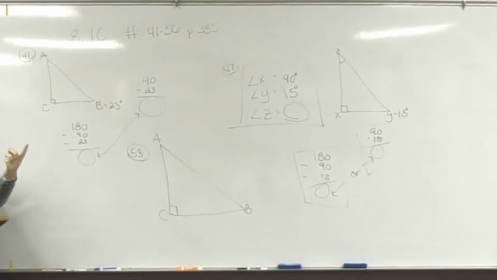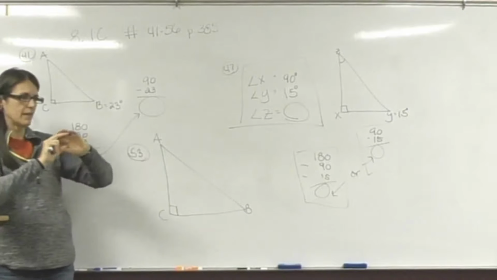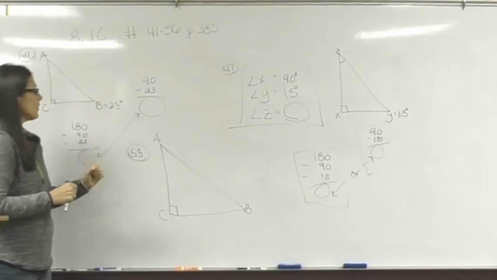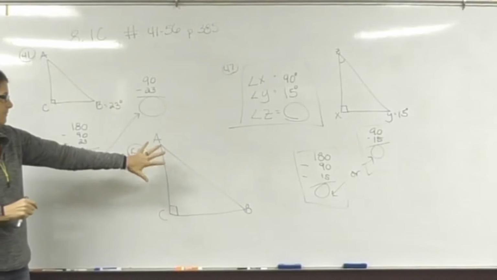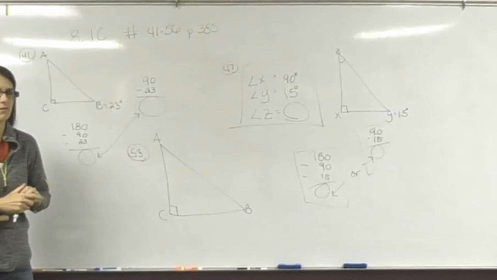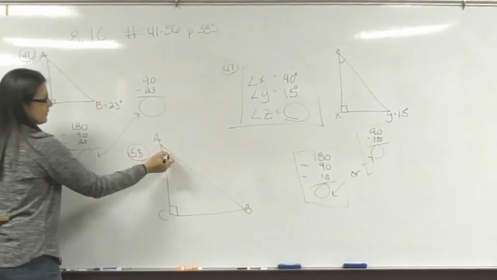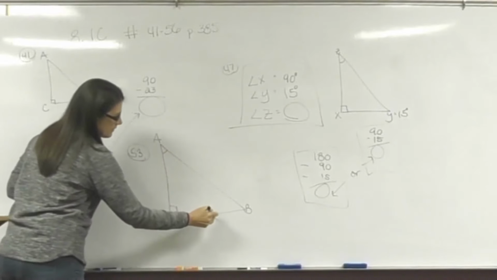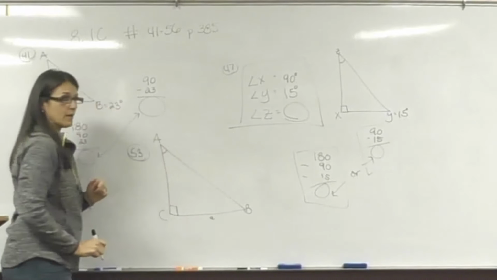Some of them you will be given the sides and you've got to label the angles; some of them you're given the angles and you've got to label the sides. This one is with the angles labeled, so then you just label the sides. Like this is angle A, I would go to the side opposite it, so I would put a lowercase a.